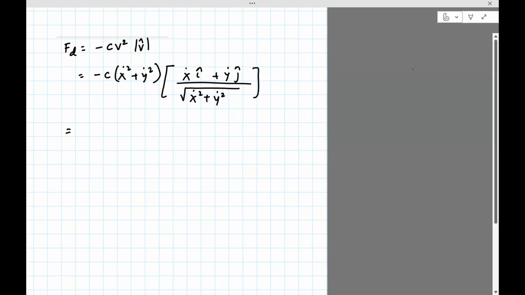Okay, so let's just pluck out the components of i and the components of j. That'll be useful later on. So minus c times the square root of x dot square plus y dot square times x dot i, and then minus c times the square root of x dot square plus y dot square times y dot j.